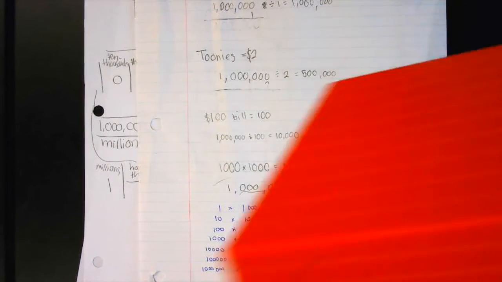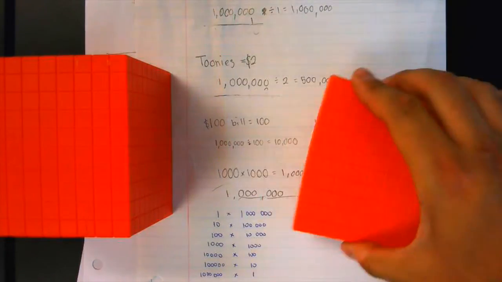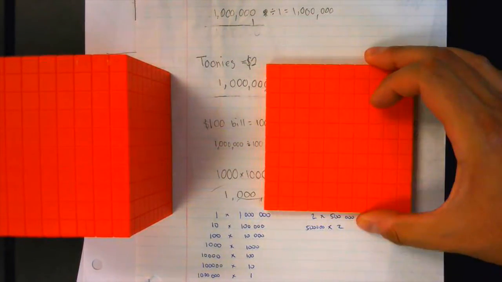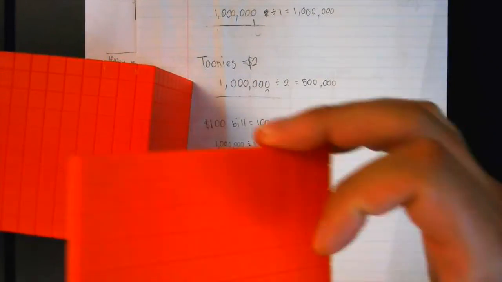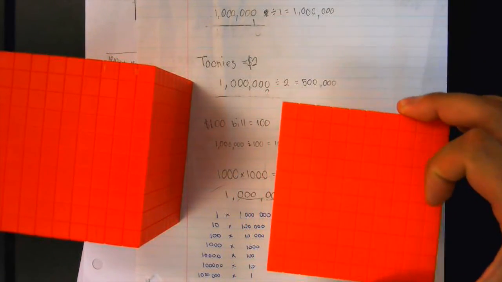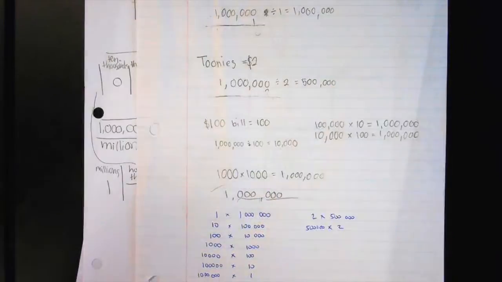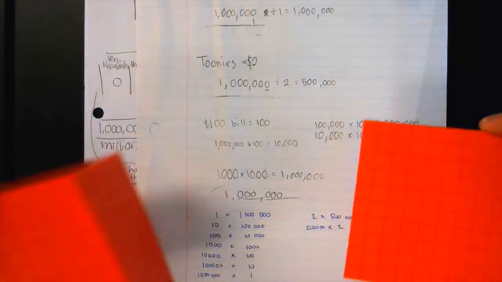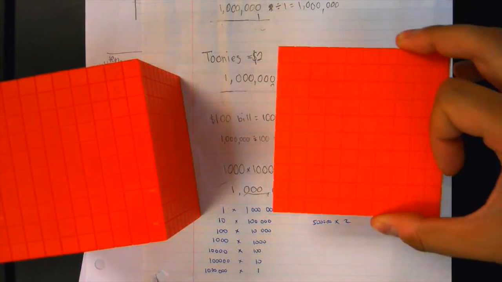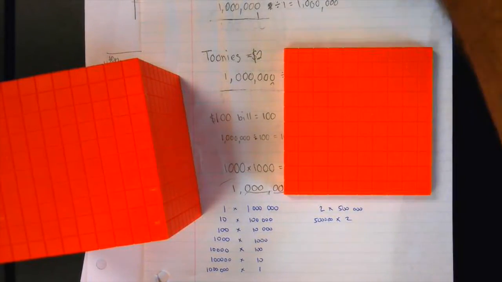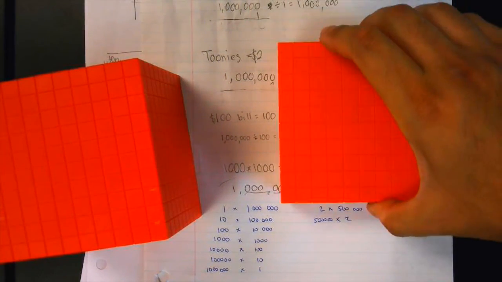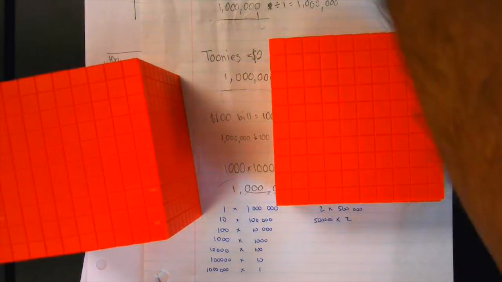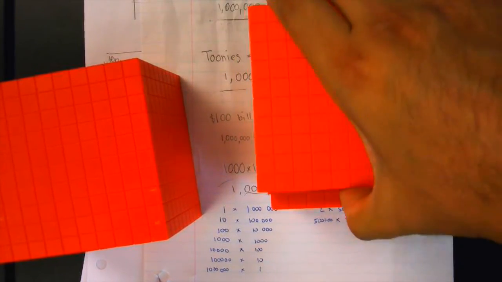So now if you take this block, how many of these did we say we need for the thousands? One of these. How many of these do we need to make this? 10. So we take 1, 2, I got 2 more, 4, 2 more, 6, 8, and 10.